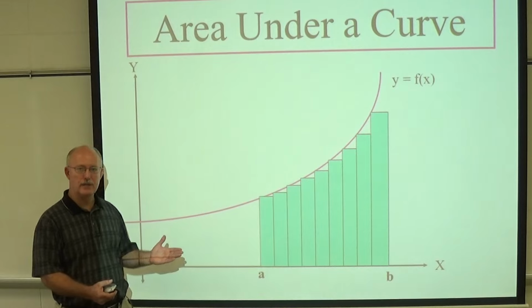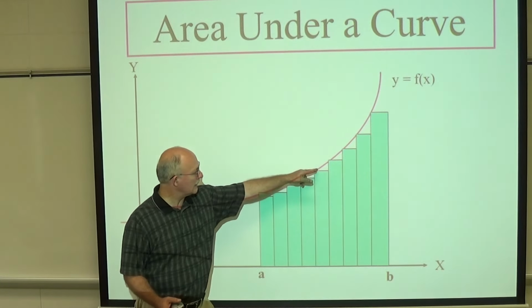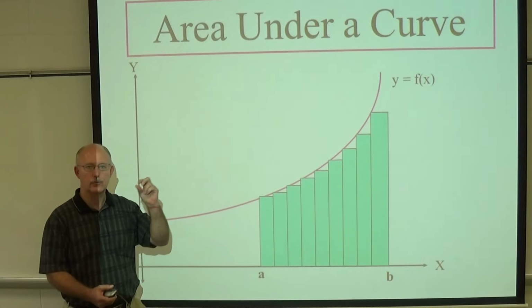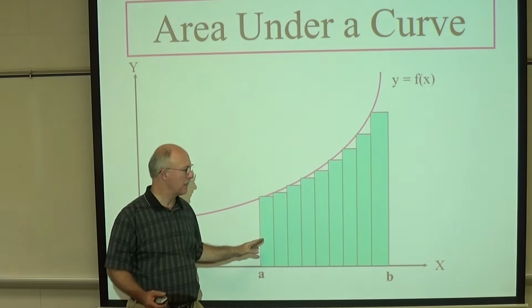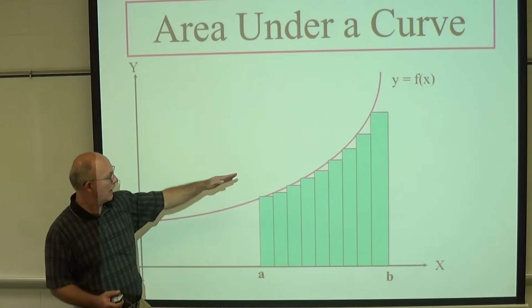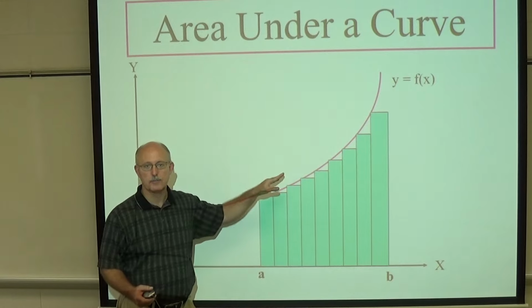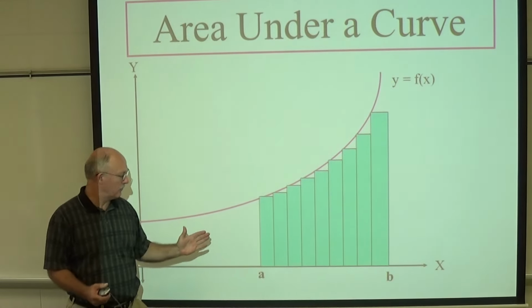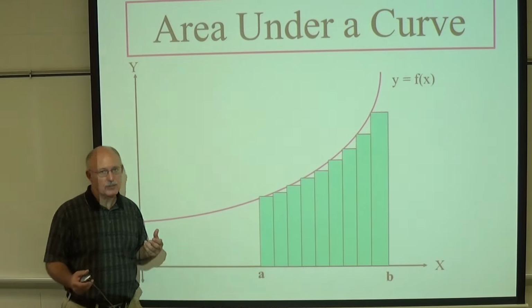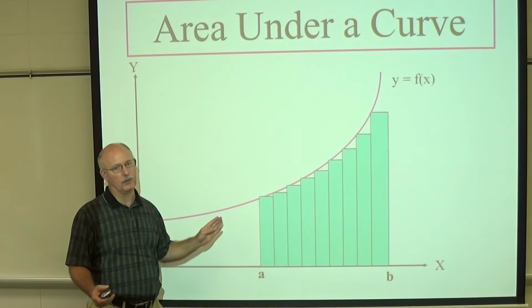As the number of rectangles increases, notice the area between the curve and the rectangles, these little areas, are getting smaller and smaller. So if I use 9 rectangles, these little triangular areas get smaller, and 9 rectangles would give me an area under the curve that is more accurate. It would be a better estimate than using 4 rectangles.